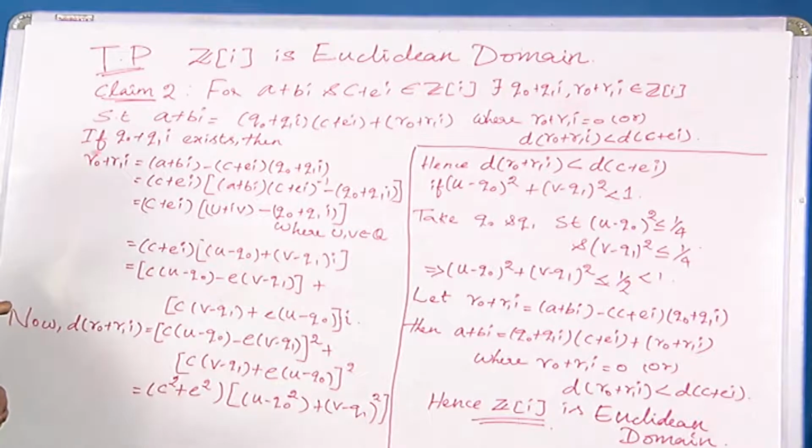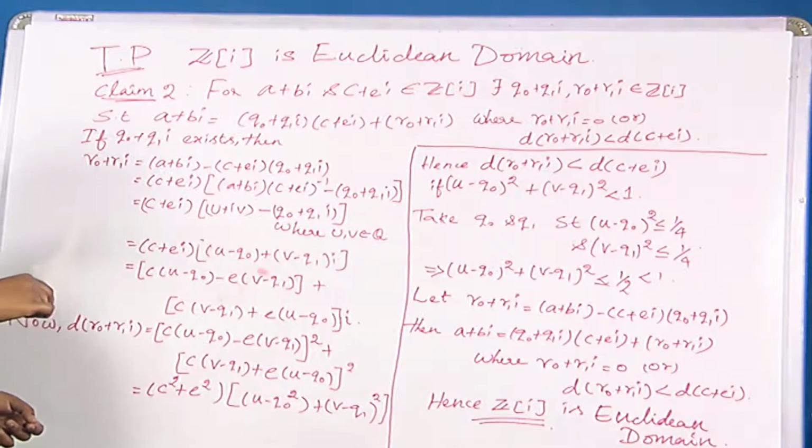Now let us apply the function d. We already have defined the function to be d of a plus ib is equal to a squared plus b squared. So when we are applying it here, d of r naught plus r1 I will become the square of this term plus the square of this term. So you can write it like this itself, c times u minus q naught minus e times v minus q1, the whole square.